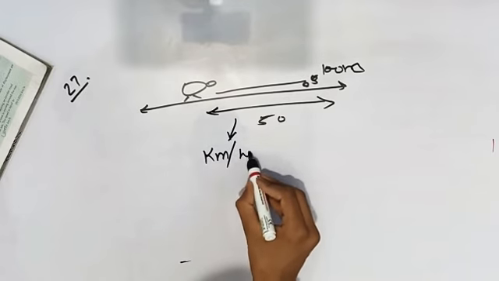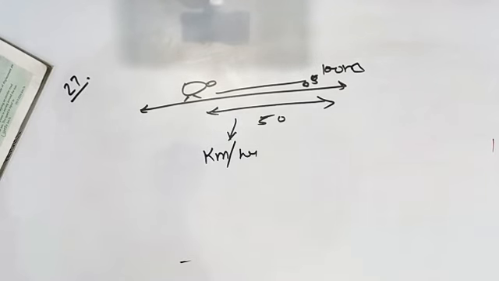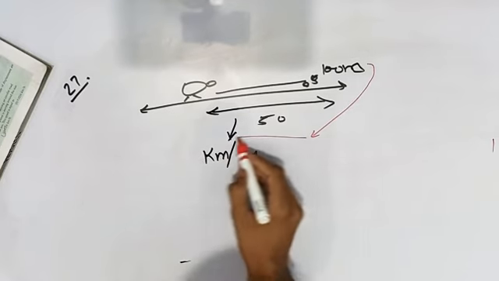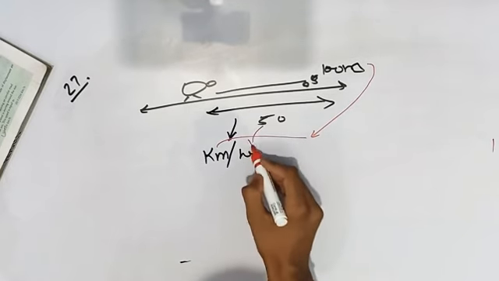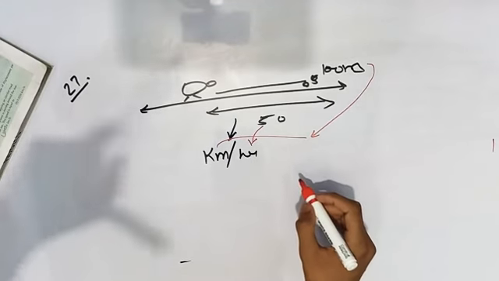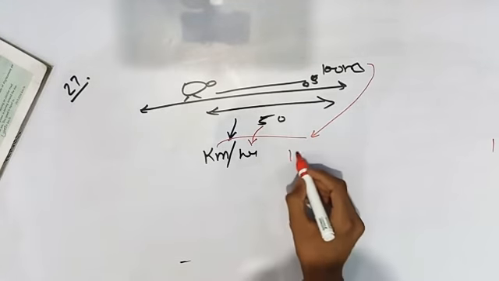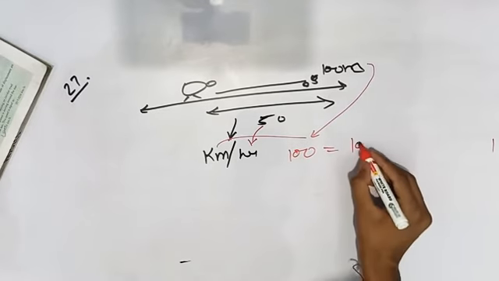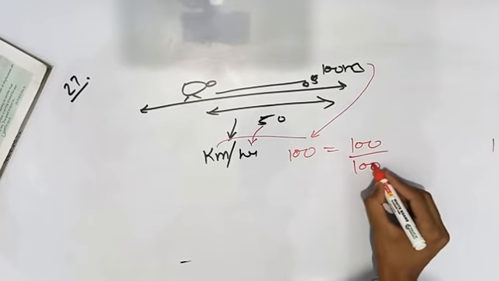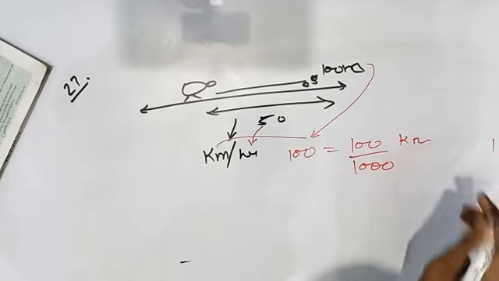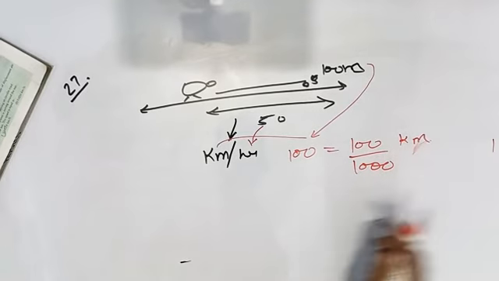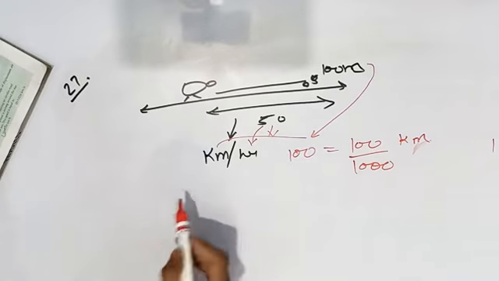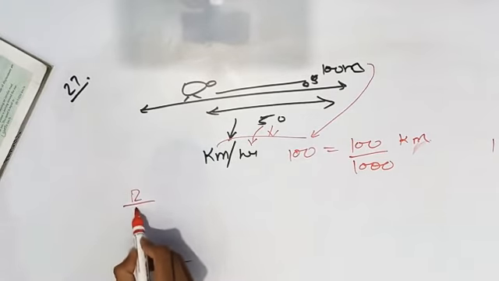So what we will do? See friends, it is given that 100 meter, and we have to change it into kilometer, and the time is given in hours only. So we will change 100 meter into kilometer: 100 meter divided by 1000 is converted into kilometer. Then we will directly put in the speed formula, that is distance upon time.